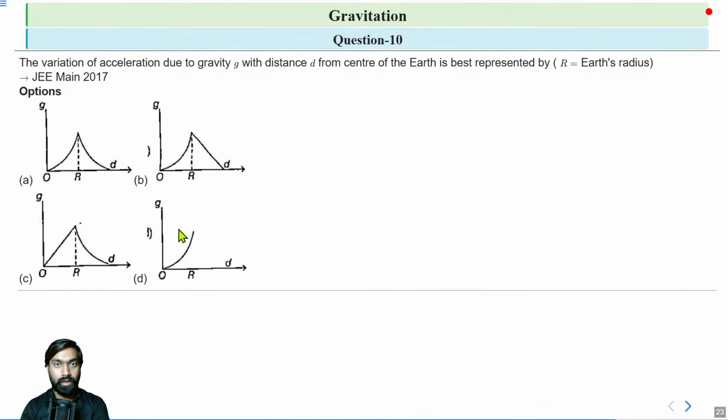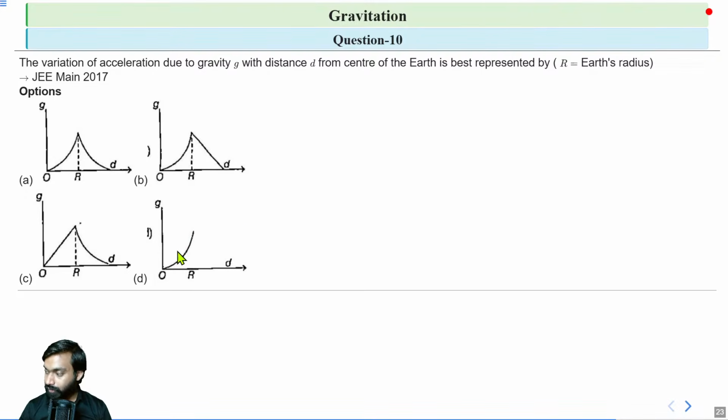Next one. The variation of acceleration due to gravity g with distance d from the center of the earth is best represented by which figure? So there are 4 figures and you have to find out the best representation of g versus r. Okay, so which one is correct? A, B, C or D? This is a very simple question. Yes or no?